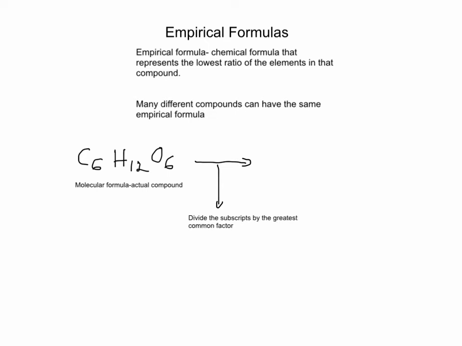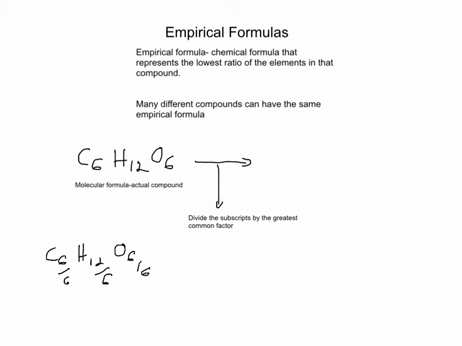So we look at the subscripts, 6, 12, and 6, and the biggest number that can go into these is 6. So I'm going to rewrite this down here. So the greatest common factor is 6, so I'm going to divide each of the subscripts by 6.